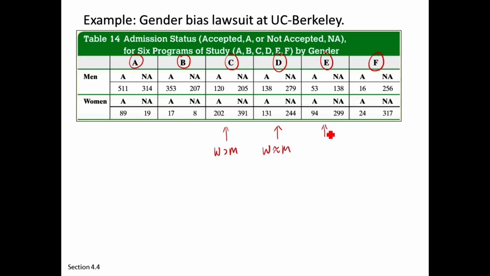What about this one? More women. This one has more women than men, and this one has slightly more. Whereas over here on this program, there's way more men than women, and there's way more men than women over there. What else do you notice about the majors? Breaking it down like that.